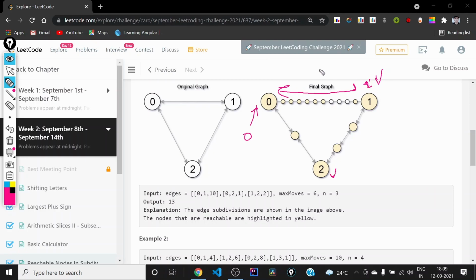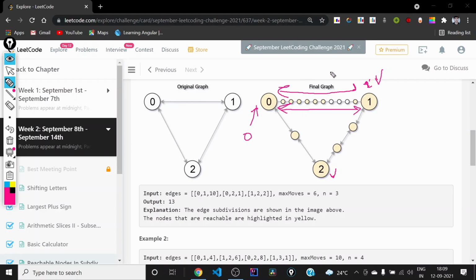So we will be making a weighted graph in which the distance will be given by this quantity after adding 1.